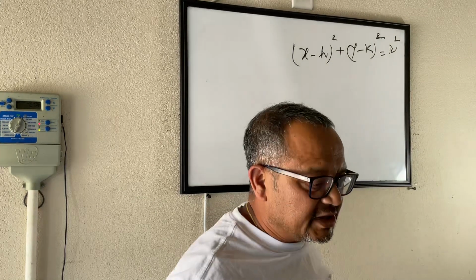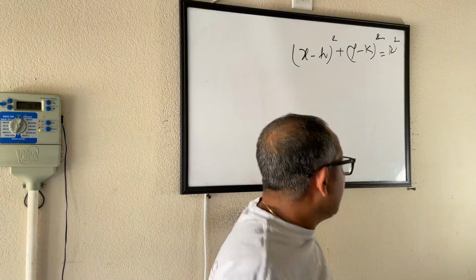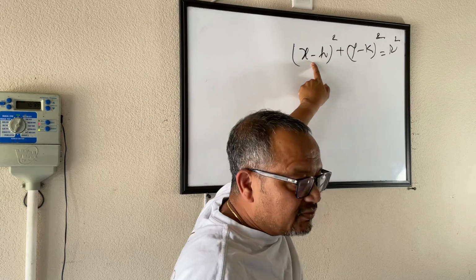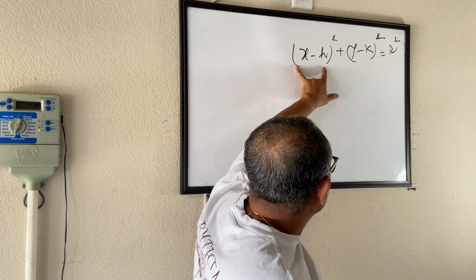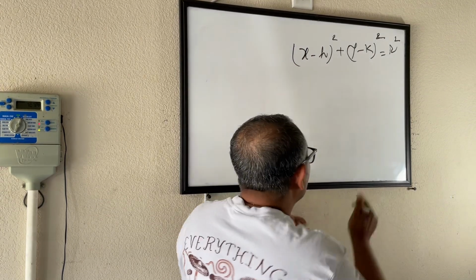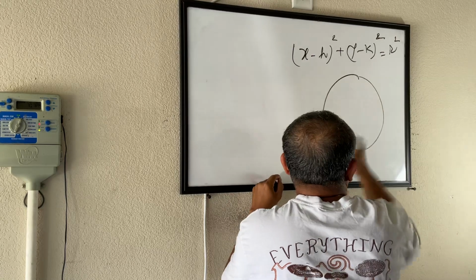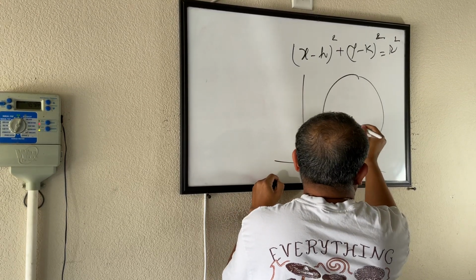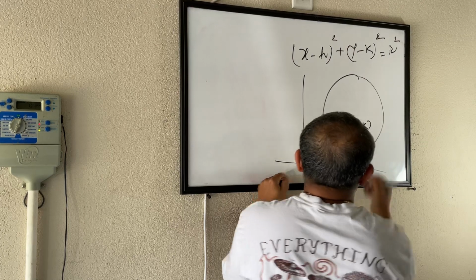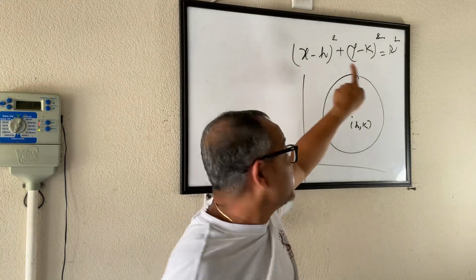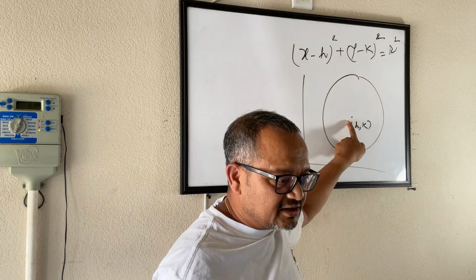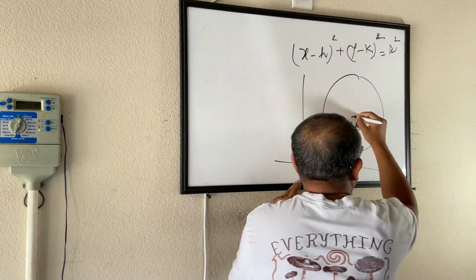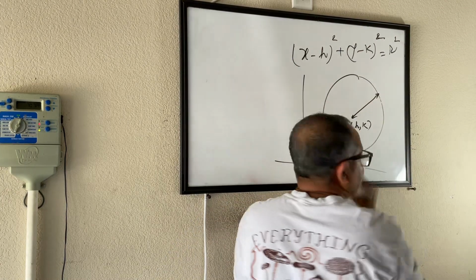This was the most generic form of the circle equation, where the way we have to visualize it is, if you have a circle, then h and k that you see are the x and y coordinates of the center, and r is nothing but the radius of the circle.